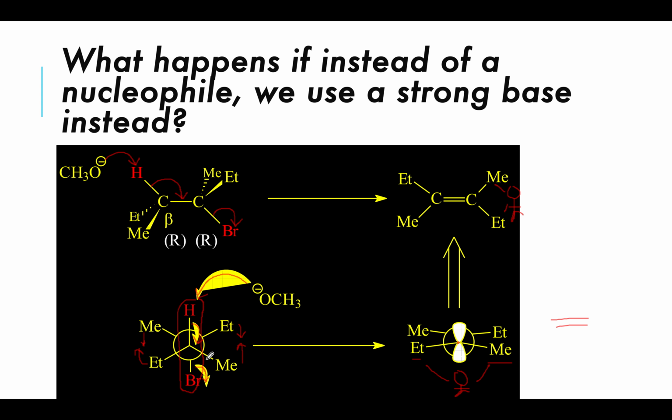Again, using a Newman projection will help determine already if my product will be cis or trans, E or Z. So again, important for E2: strong base, anti-periplanar position, the alpha carbon has the leaving group, the beta carbon has your proton. And then Newman projection, flatten it out, then you get the right stereochemistry for your alkene.